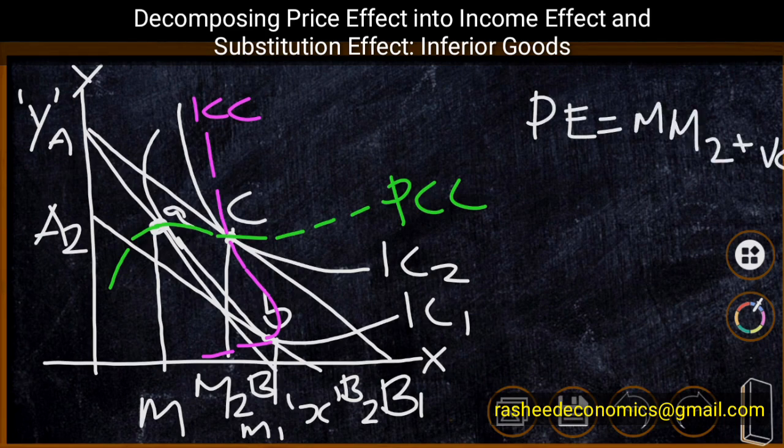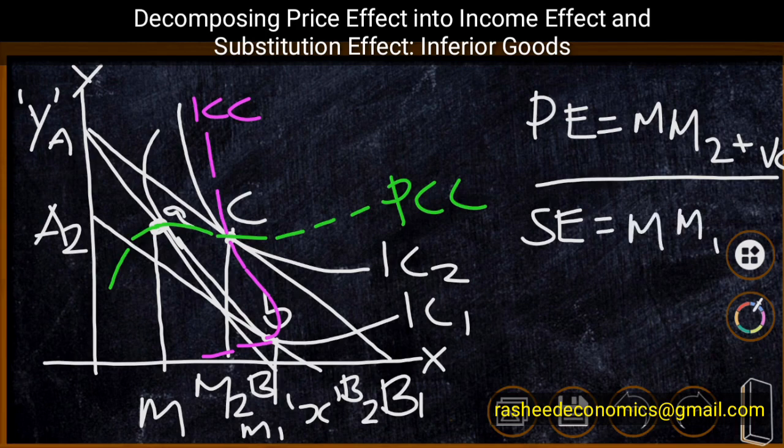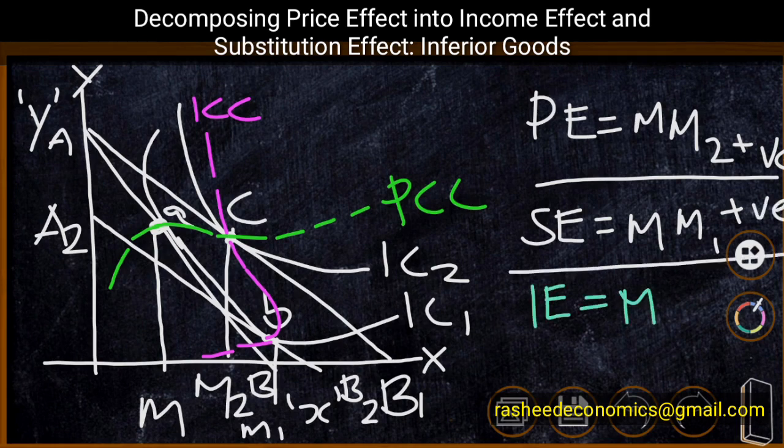Price effect is positive, and substitution effect is equal to the effect after compensating variation in income, MM1, this is also positive. We have already said that substitution effect always will be positive, and the income effect is equal to the movement from M1 to M2.